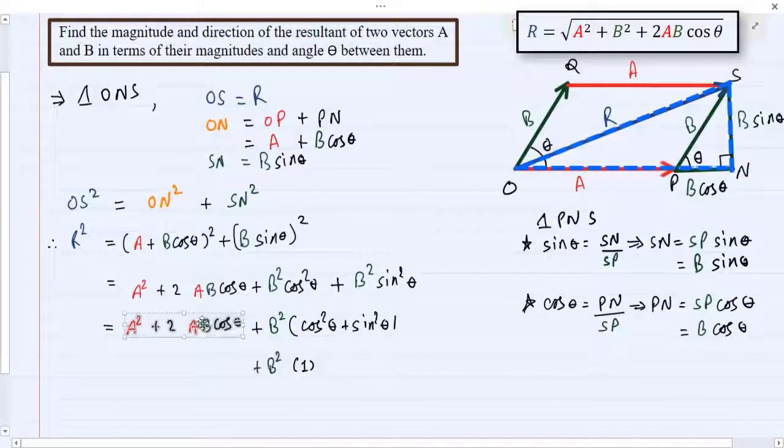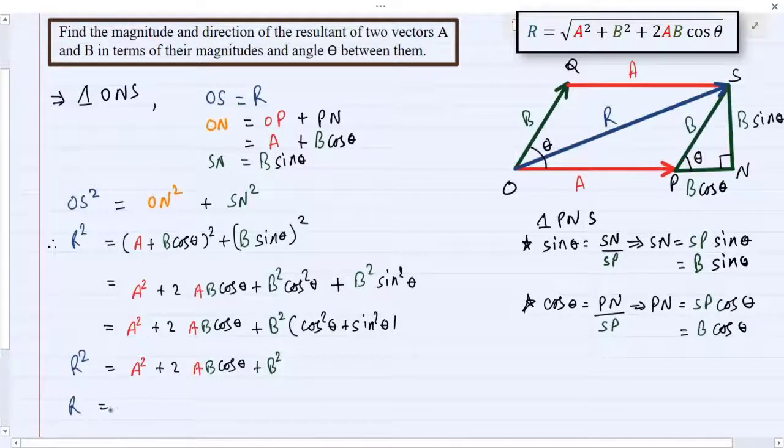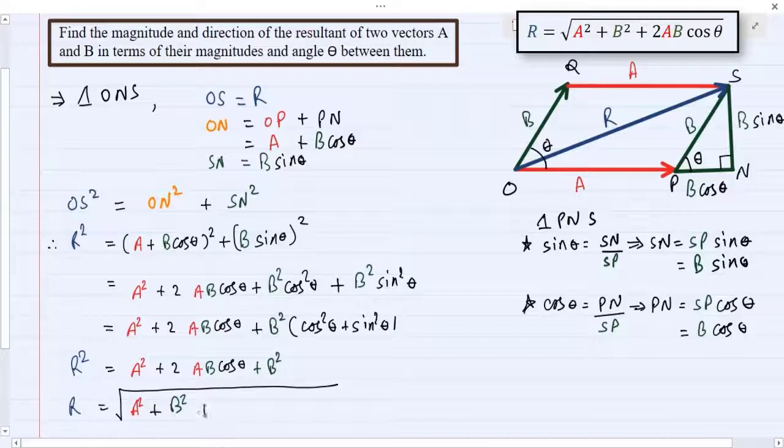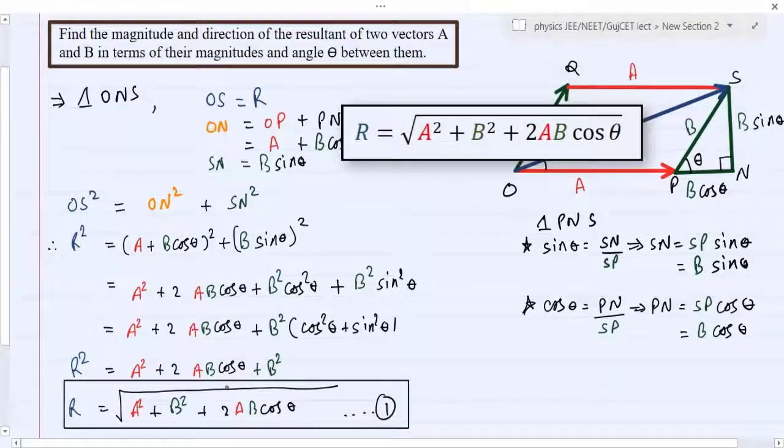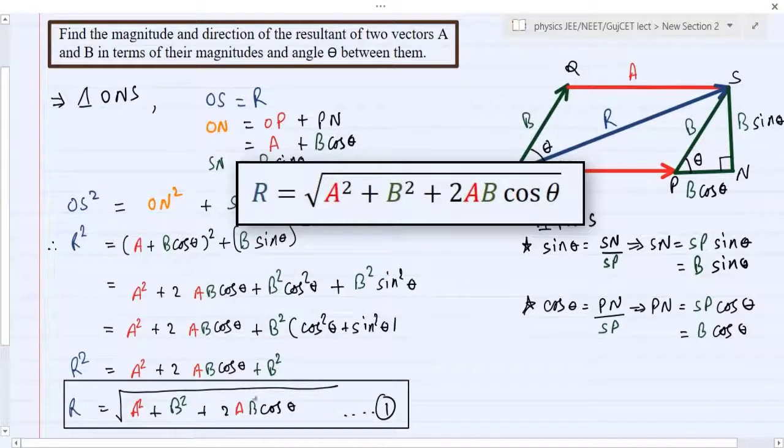So here we'll get R square is equal to A square plus 2AB cos theta plus B square, or we can say R, which is your resultant vector, is equal to under root of A square plus B square plus 2AB cos theta. This is your required first equation, which is also known as cosine rule.